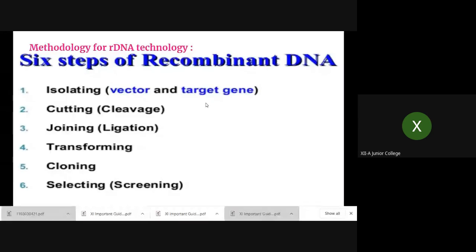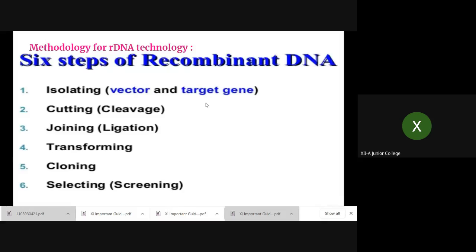Isolating vector and target gene. So the first step is isolation. In isolation, what are the things to be isolated? First is the target gene. Target gene means the desired gene, the gene of interest. For example, I want the gene which is responsible for the production of insulin. So this is the gene of interest, right?